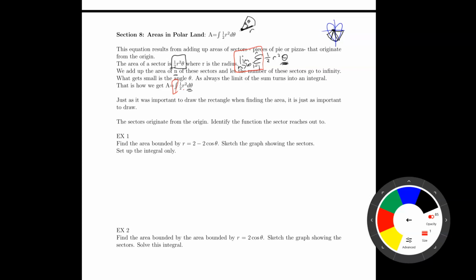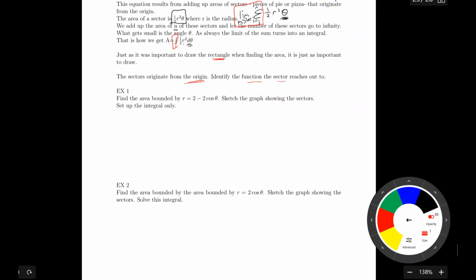Just like it was important when we drew the rectangle to find the top and the bottom, we're going to always draw our sectors. The sectors always start from the origin, and then we have to find out which function the sector reaches out to. With your graphing calculator, Desmos, however you want to do it, you want to get a picture of what this is.